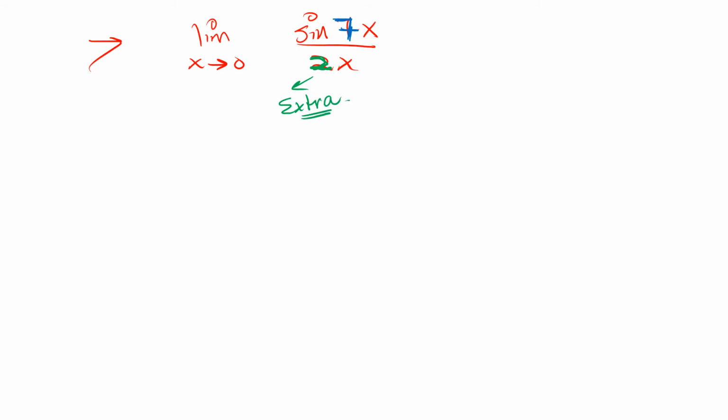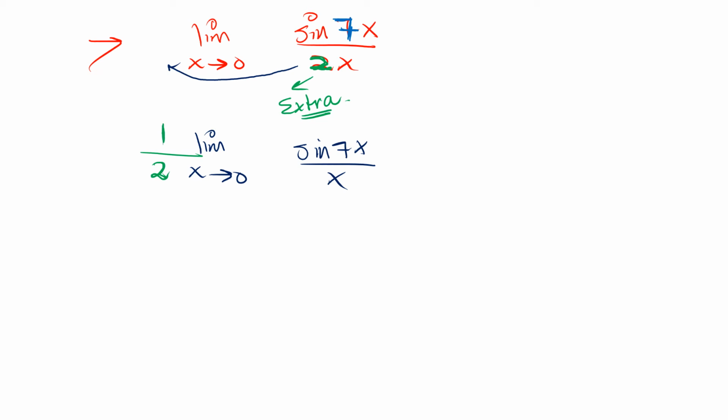What you will do is bring this 2 out of the limit because 2 is a number, using the constant property of the limit. So you will write limit x approaches 0 of sine 7x over x, and the 2 goes outside in the denominator, with 1 in the numerator.